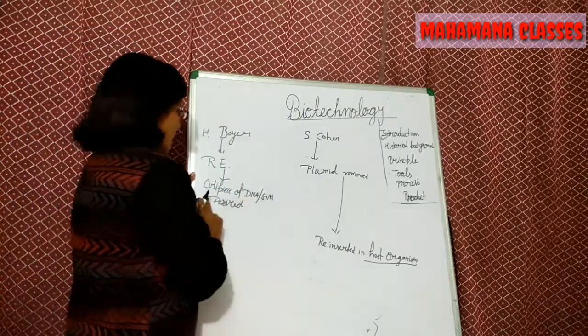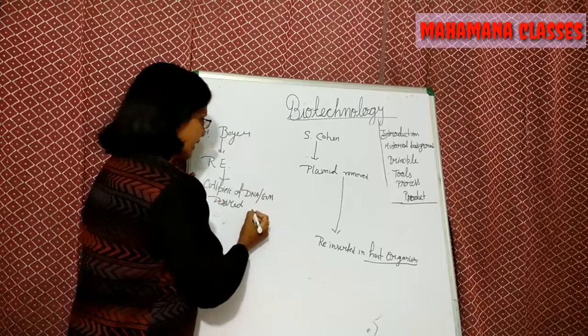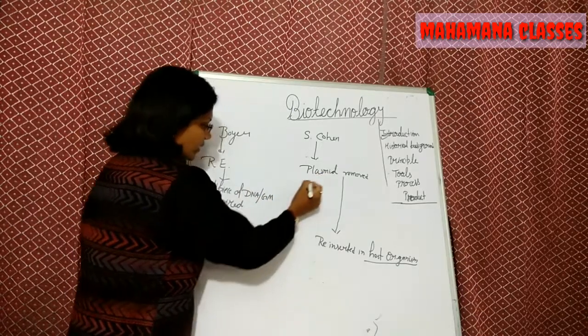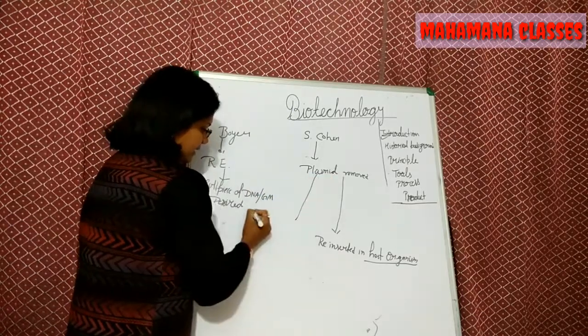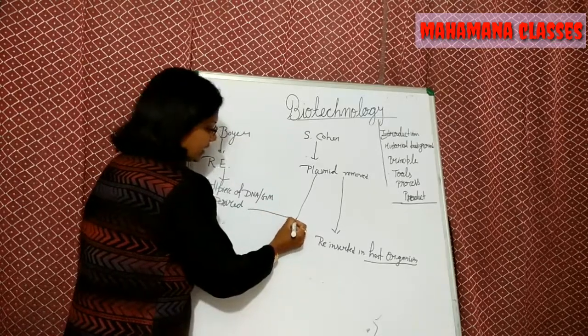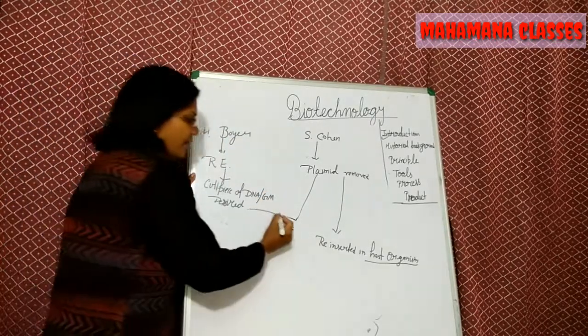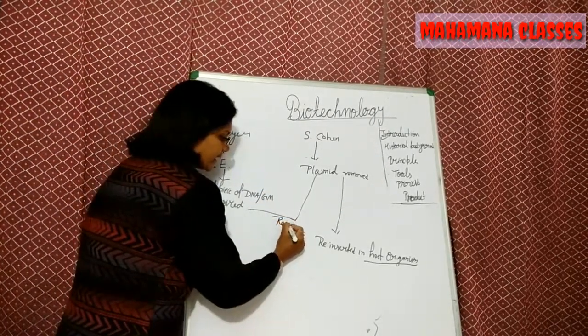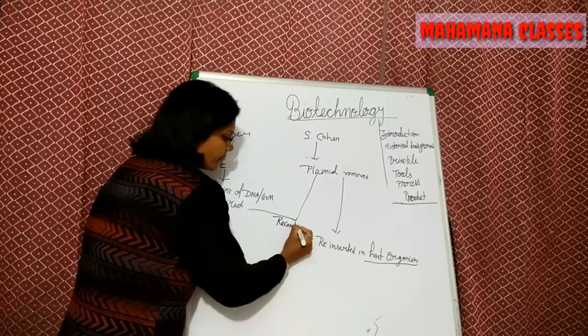This cut piece of DNA is linked with the plasmid and forms recombinant DNA.